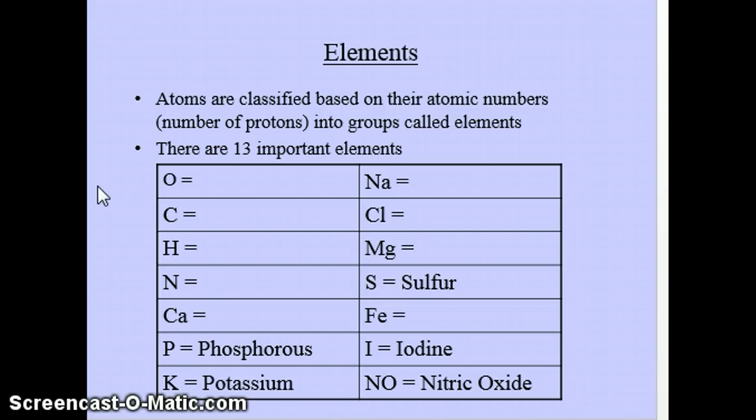The difference between the two oxygens is that one has a neutron and the other one does not. Therefore, they are the same elements because they contain the same number of protons, but they are not the same atoms. So again, if they contain the same number of protons, they are the same element. If they differ in any part of the protons, neutrons, and electrons, they are a different atom.